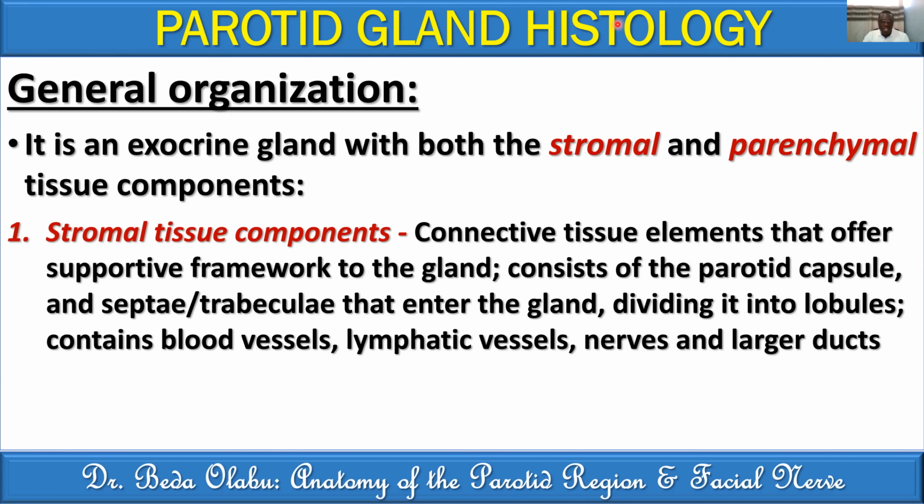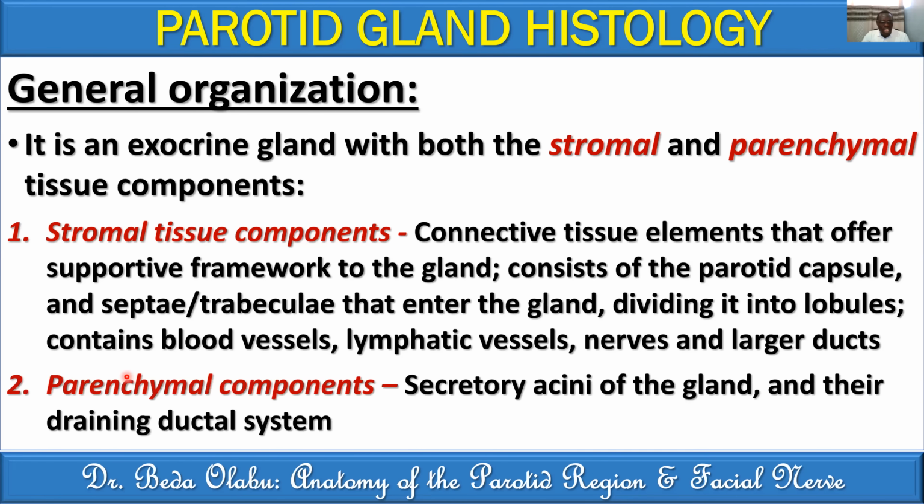The nerves run there, the arteries may run there, as well as lymphatics, and even the large ducts, what we call the excretory ducts, they run within the connective tissue element. So they are still important in terms of offering support to the gland as well as the other structures which pass in the gland. So that's the stromal tissue, the connective tissue elements.